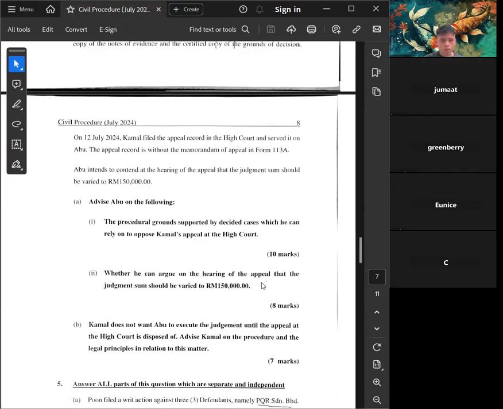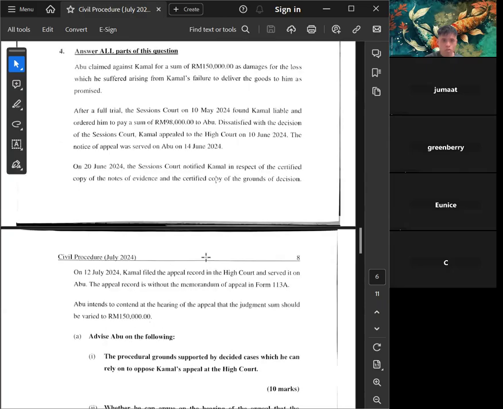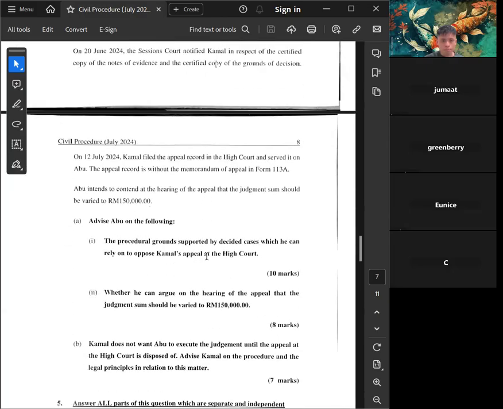All right, so we move to the second question: whether Abu can argue on the hearing of appeal that the judgment sum should be varied to 150,000. Now this comes back to another technical part, because previously I was teaching you what the appeal meaning is.